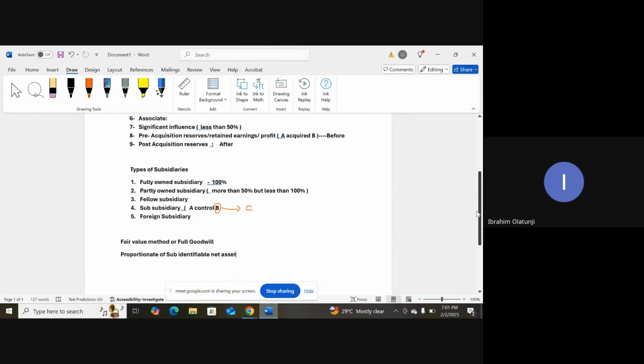Another thing that we can think of, let me remember. If the goodwill attributable to NCI is also given, then you are good to go to use the fair value method.